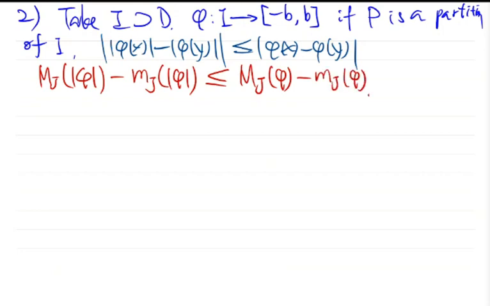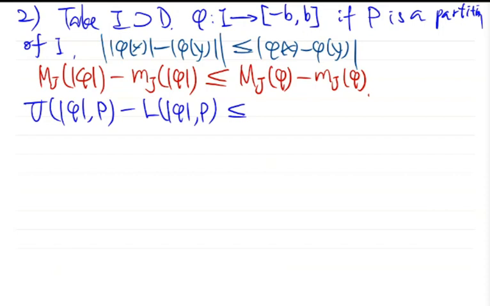And so the difference between the upper and the lower sum for the absolute value function will not be greater than that of the original function with respect to the same partition.